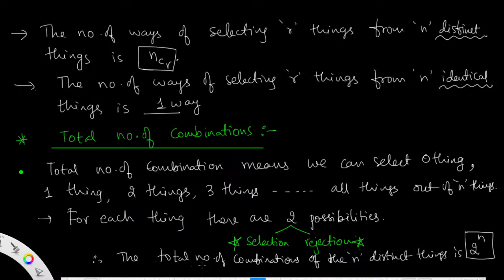Therefore the total number of combinations of n distinct things is 2 to the power of n, since there are n terms.